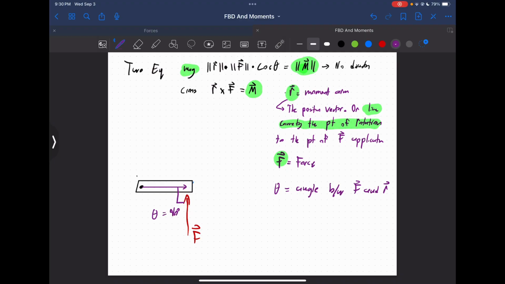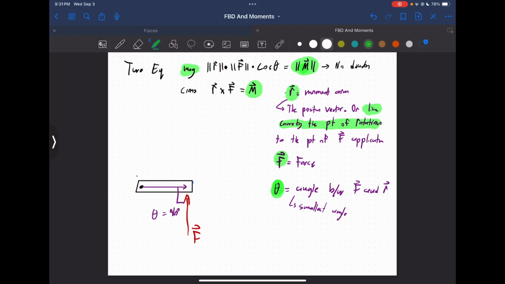The angle between F and R, and we can say smallest angle, and smallest angle as in not an obtuse angle, has to be acute, right? Like if we have two vectors like this, it's always going to be this angle, never that angle, right? So we've defined everything in here.